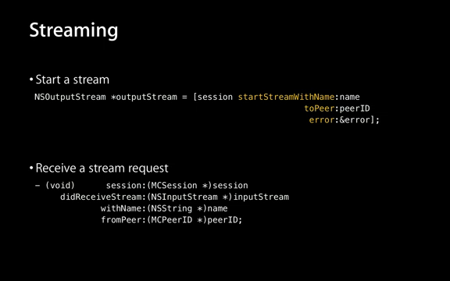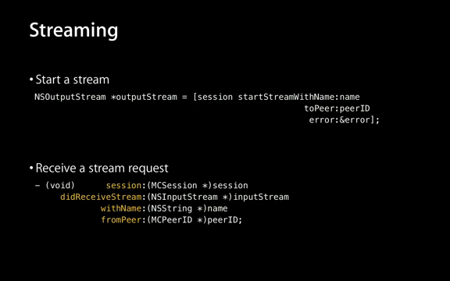Just like the sendData method, startStreamWithName is non-blocking, and it will return immediately. As it returns, it will give you an NSOutputStream object that you will be able to use to stream data to the recipient. On the other side, when the streaming request comes in, the receiver is notified via this delegate method: session did receive stream with name and from peer.